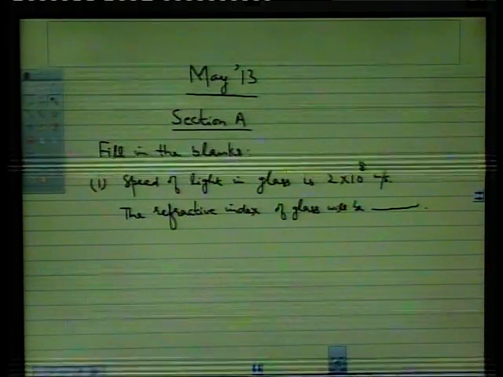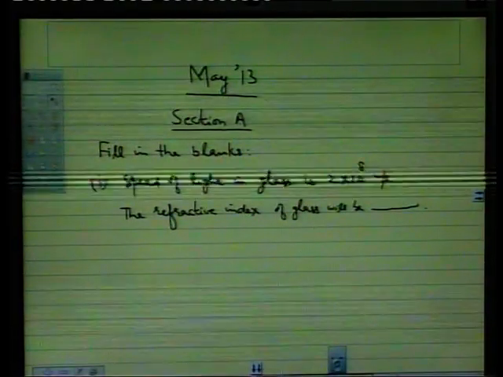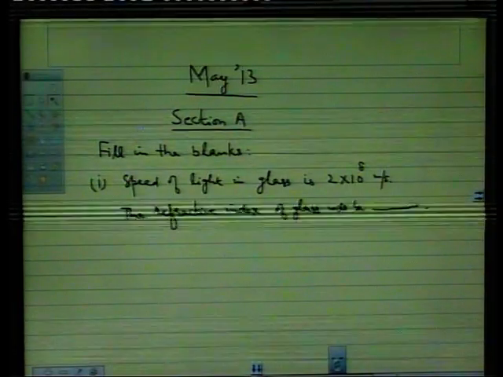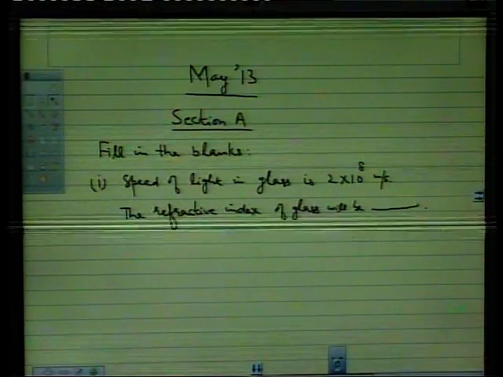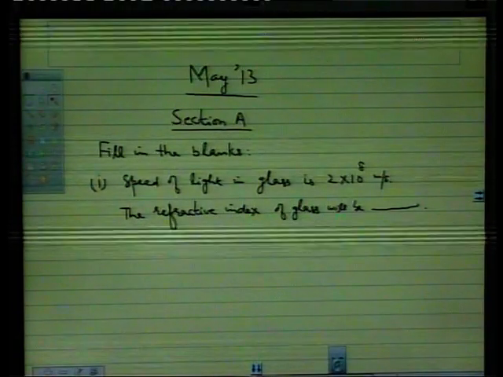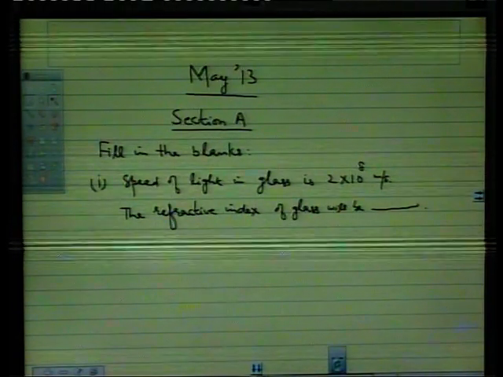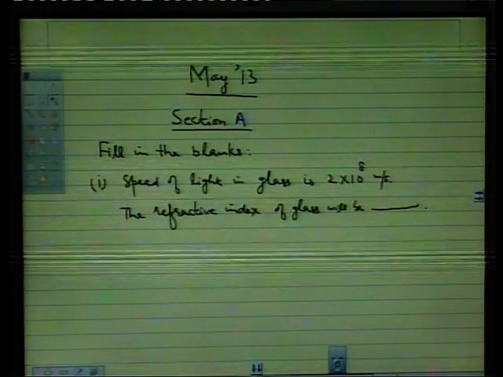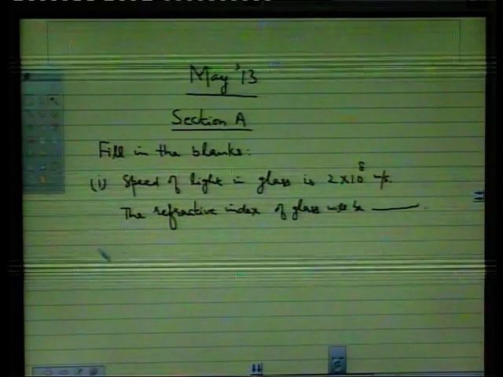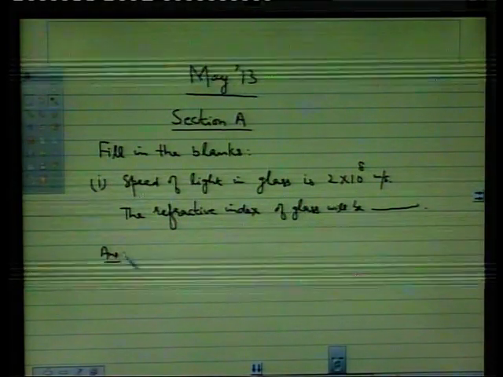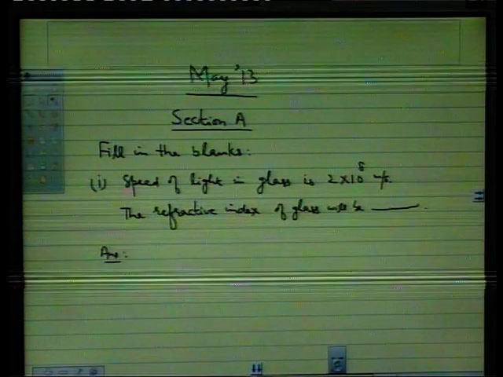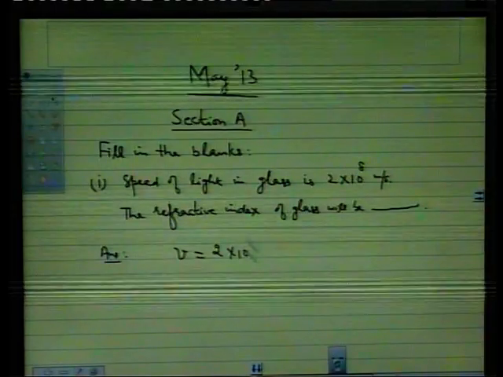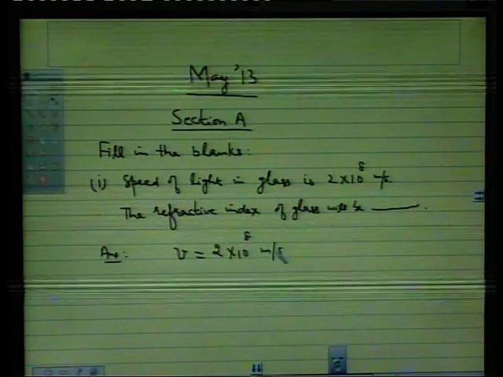Now, you have to write the answer only in the answer book, do not repeat the question, but you can answer only if you solve the question. You have to solve it separately in the space for rough work at the end of the answer sheet. So, what is the answer? Speed of light in glass, we have given V is 2 into 10 the power 8 meter per second.